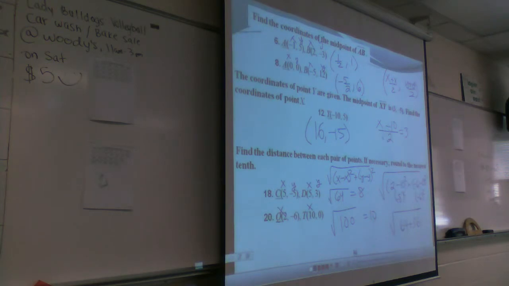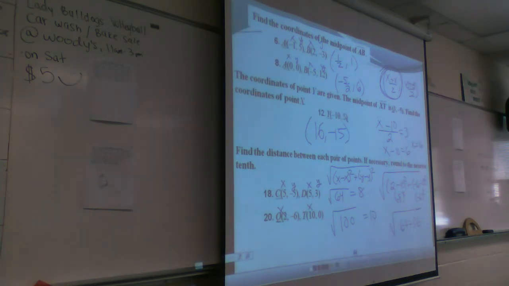If you were to write out work, you would take the midpoint part, the whole x plus x over 2, which is what this is. If you're trying to find an x coordinate, they give you one x coordinate right there. And then they tell you 3 is the midpoint, so that goes on that side, which would give you x minus 10 equals 6, so x equals 16. That's where the 16 technically comes from.